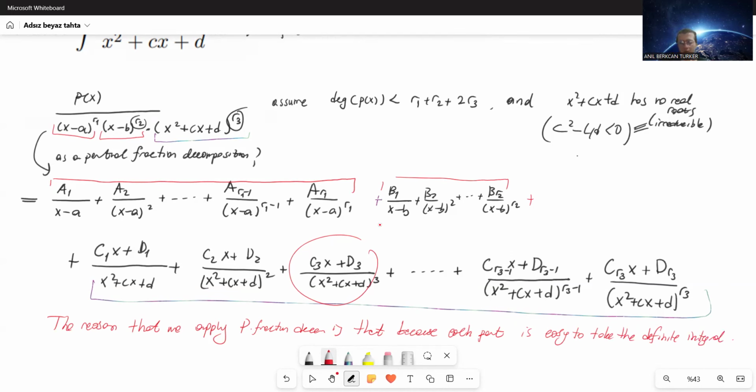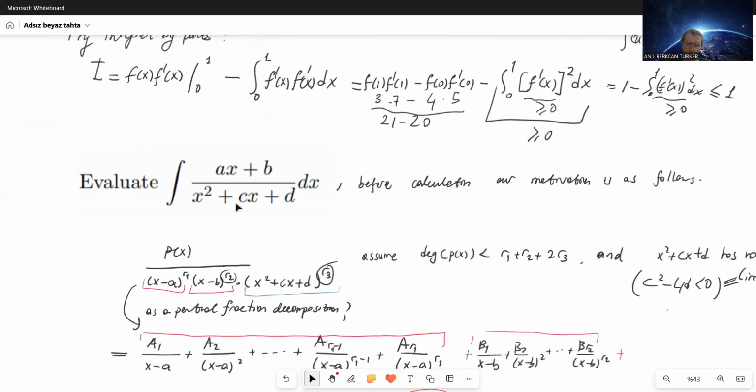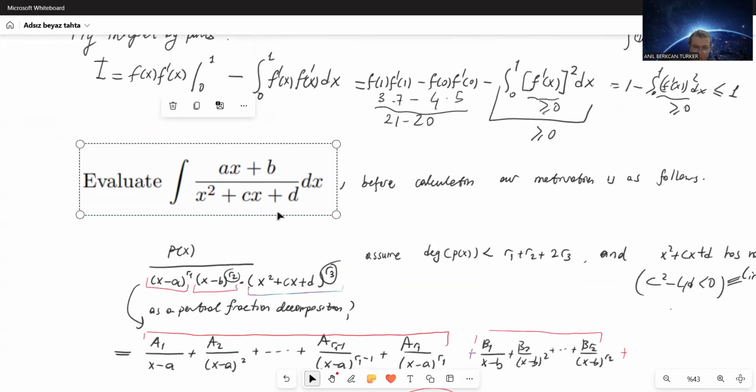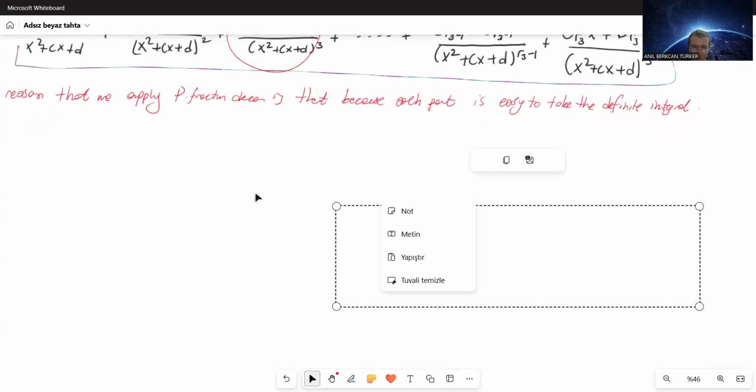That's the reason. So as an example, let me just calculate this part. This is my motivation, okay? So that's why I put it. In general, we can solve it. Let me solve it.